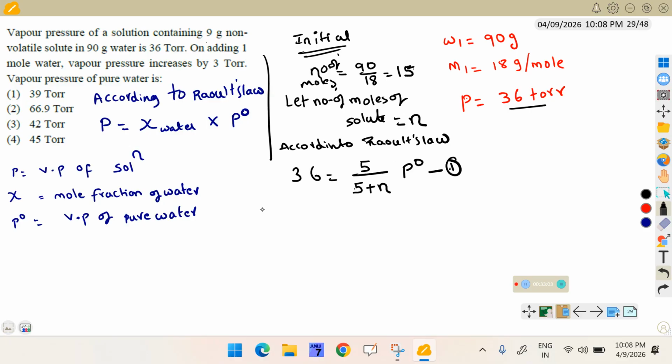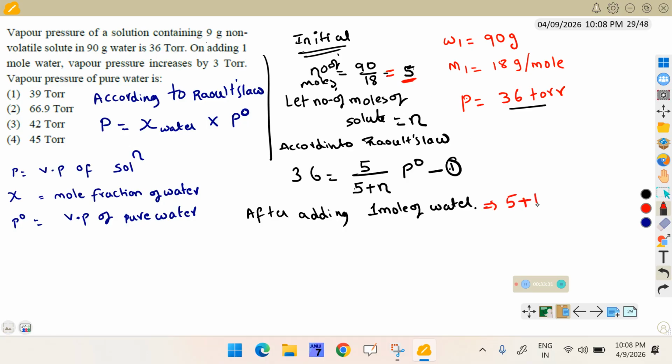Now, after adding 1 mole of water, the initial number of moles, 90 by 18, is 5. Okay. The initial number of moles is 5 moles.